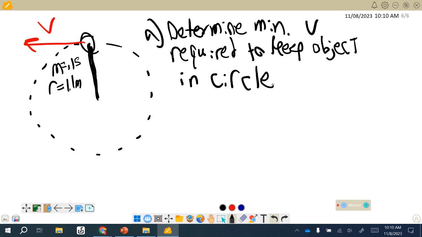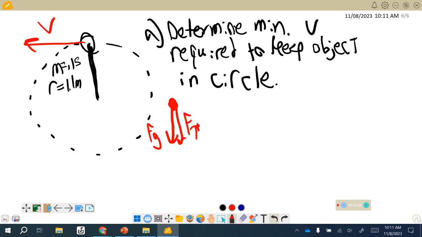Okay, so here's what we got to think about. I'm going to think about the free body diagram for this object. Up here in this very moment where it's at the very top of its swing, our free body diagram looks like this. We have force of gravity pulling down and force of tension pulling down as well.